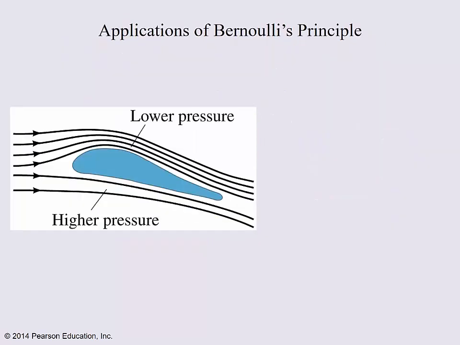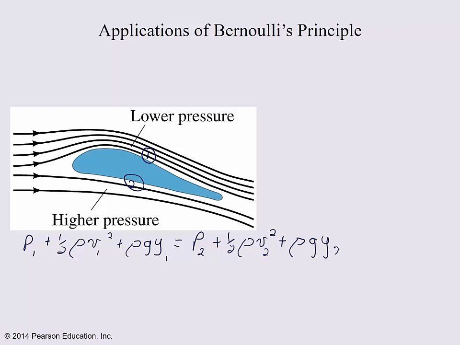In this case, let's look at an airplane wing. The lift on an airplane wing is due to different air speeds and pressures on the two surfaces of the wing. Let's call the top surface, surface 1, and the bottom surface, surface 2. So again, if we start with Bernoulli's equation, P1 plus 1/2 rho v1 squared plus rho g y1 is equal to P2 plus 1/2 rho v2 squared plus rho g y2.